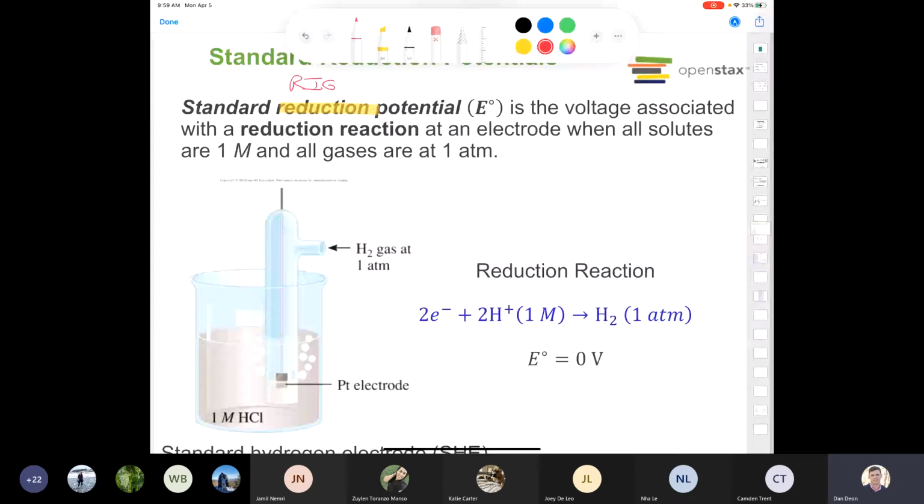But we have to have a reference point by which we can measure standard reduction potentials. Just like when we measure the height of Pikes Peak, we say it's approximately 13,000 something, or no, it's a 14er, sorry.